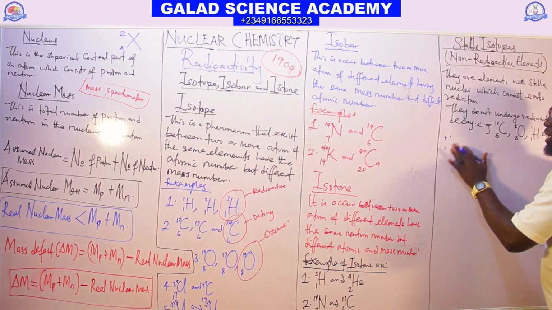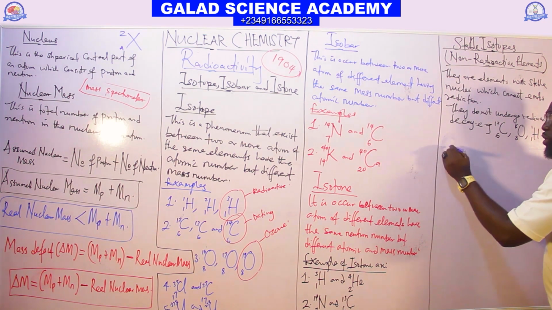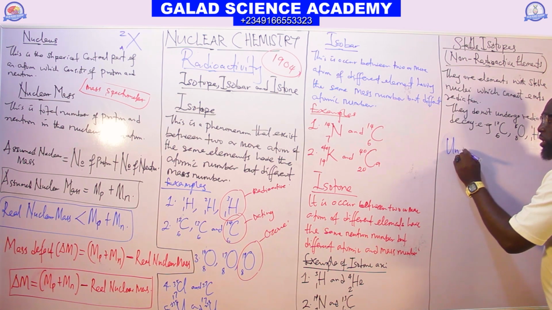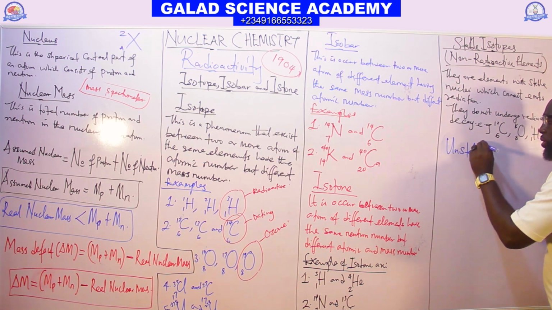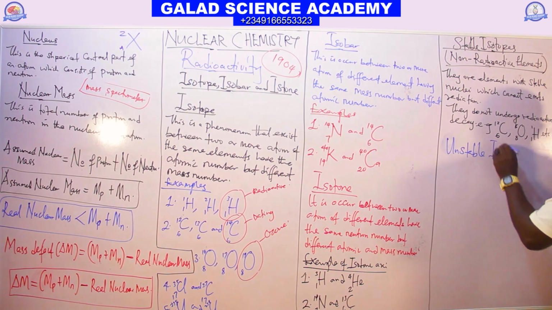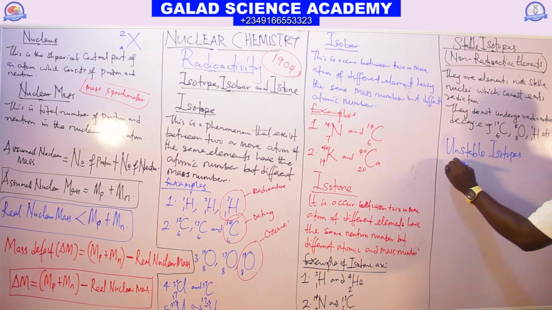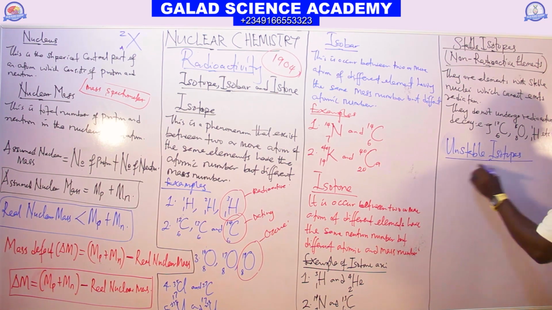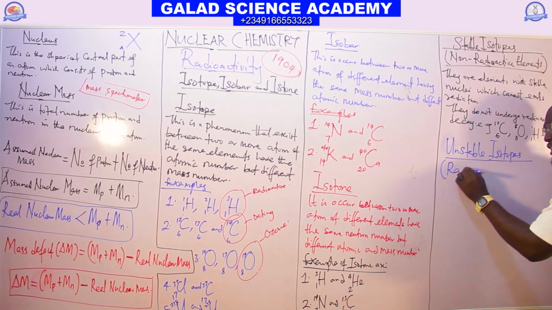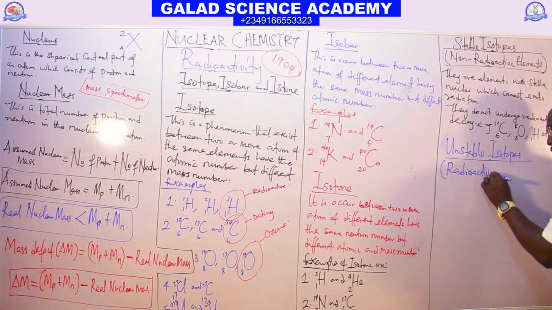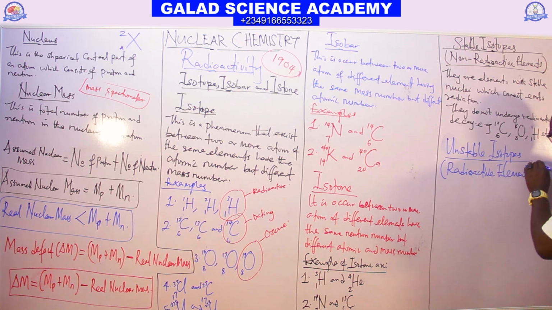Sorry, the next one is unstable isotope. The unstable isotopes are also called radioactive elements.